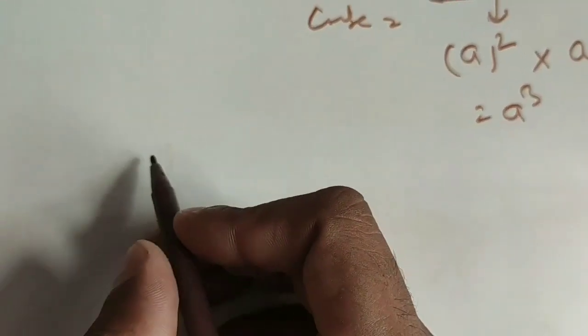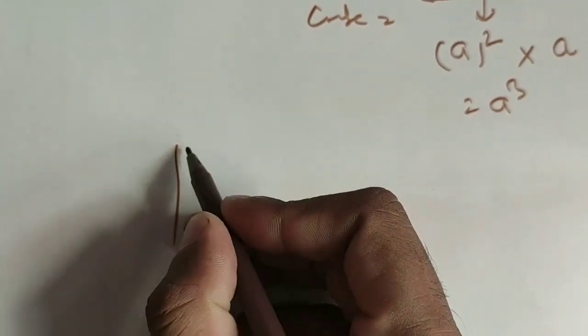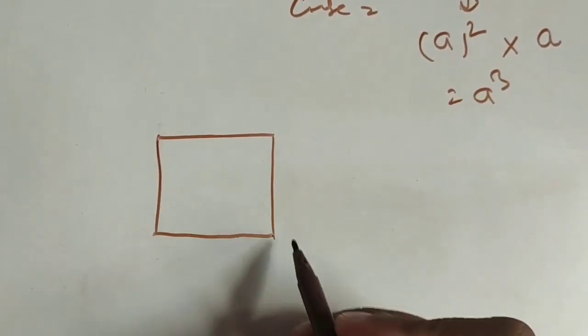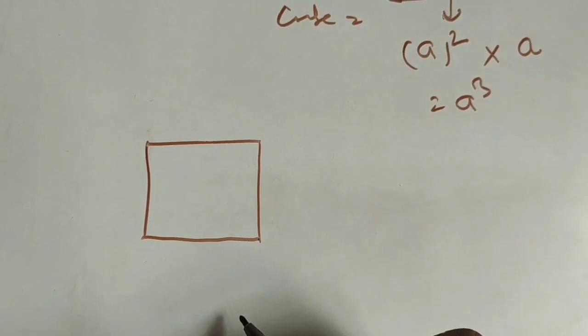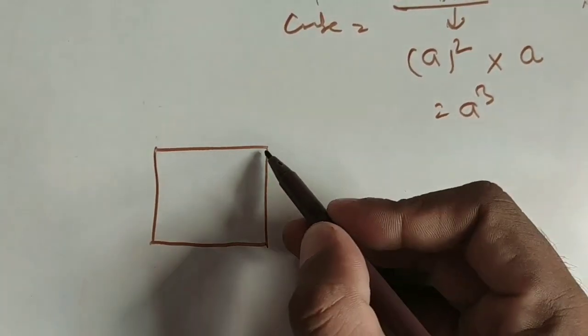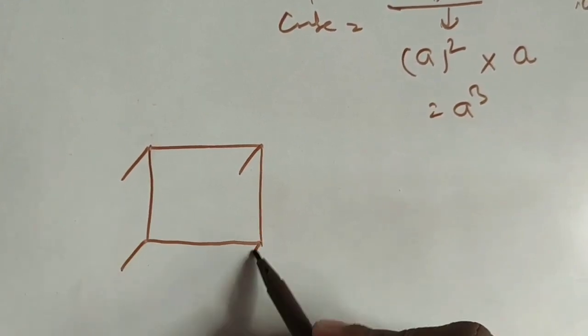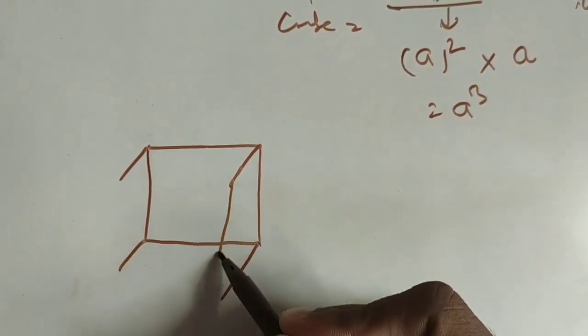Now we need to make a closed box. Suppose this is the box which we are talking about.